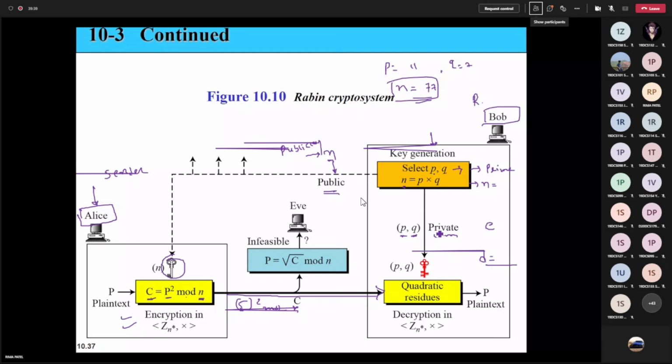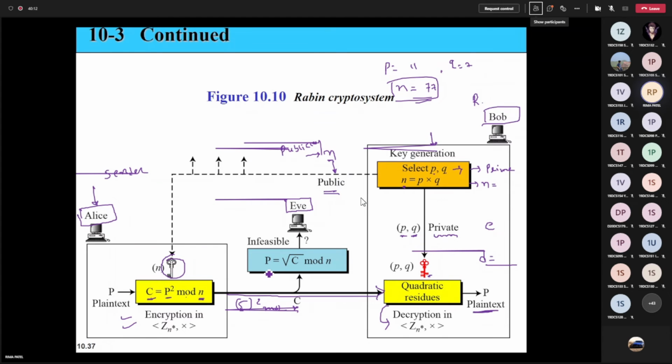This private key is going to be used for the decryption, and you will get the plain text. Now you can see in the middle that Eve is one of the users, or we can say an attacker, who wants to retrieve the plain text.